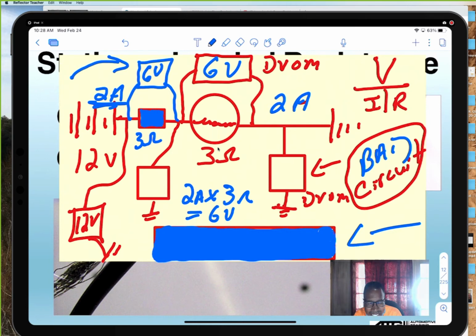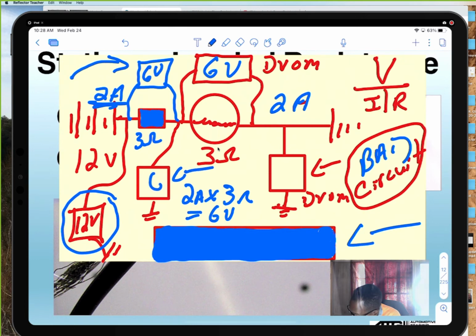So now the second square going on the bottom. So now let's do this. Does this one stay at 12 volts? Yes, it does. How about this one? No, that's 6 volts.